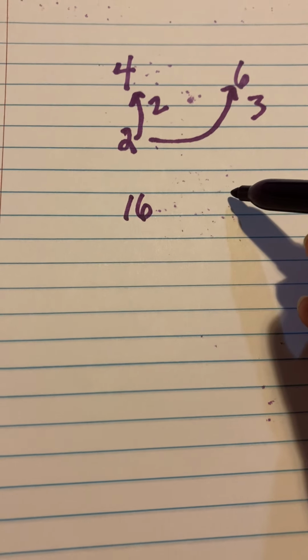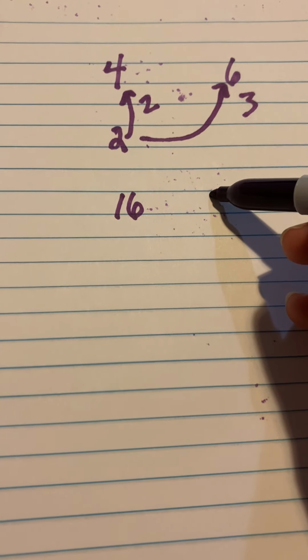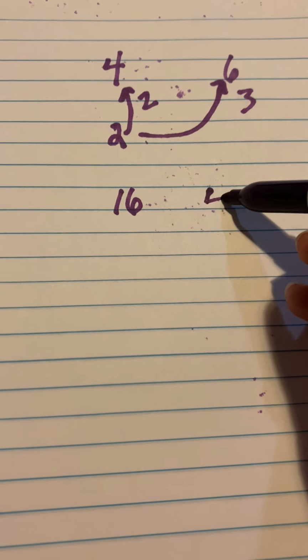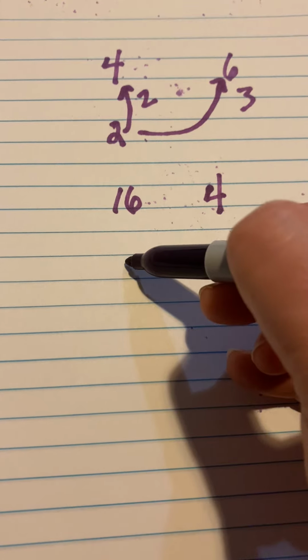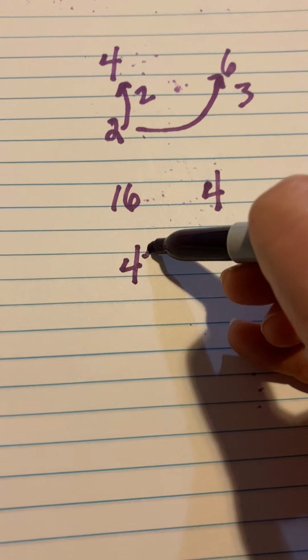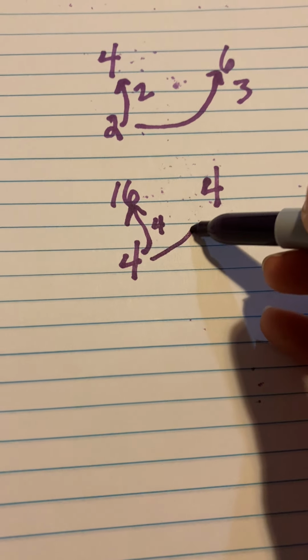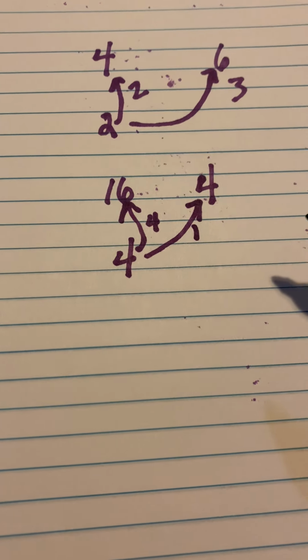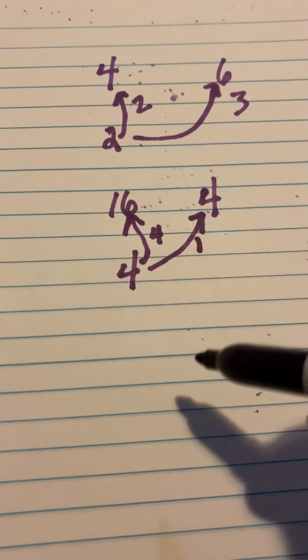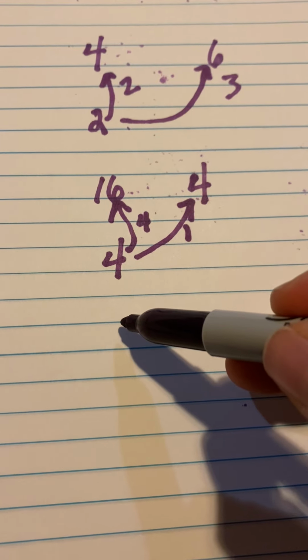How about 16 and 4? Well, my greatest common factor in this case is 4. I can make 4 groups here, and I can make 1 group there.